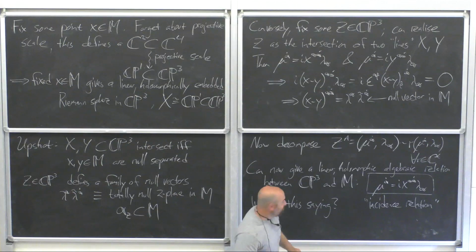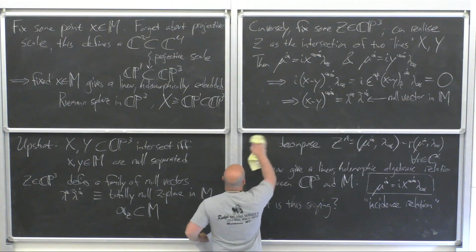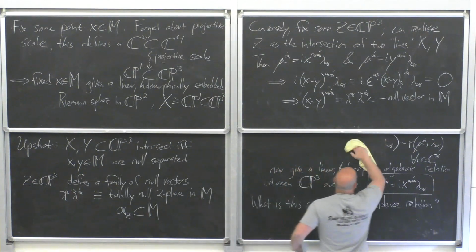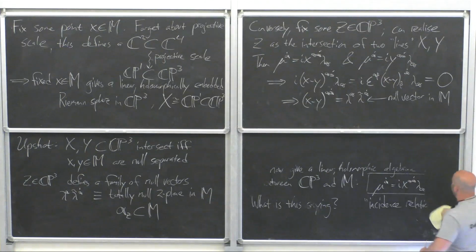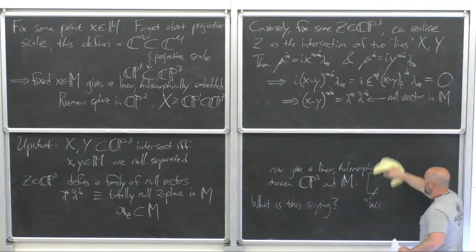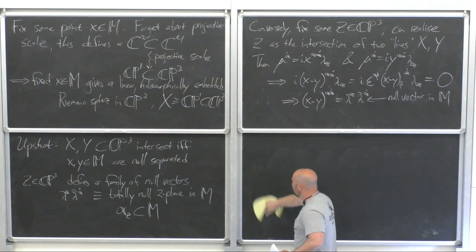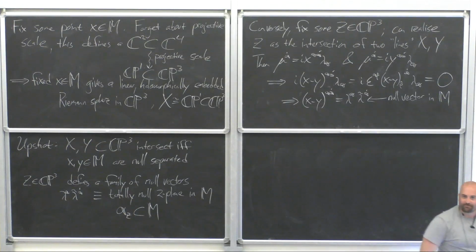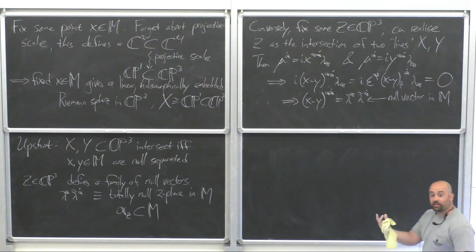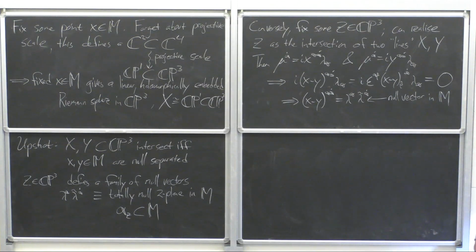Following on from this comment, it's a reasonable place to observe that nothing about what I've said so far has really used the Minkowski metric per se. What we have used is this idea of null vectors, right? But the concept of a null vector is something that's conformally invariant. If you conformally rescale your spacetime, null cones stay the same.